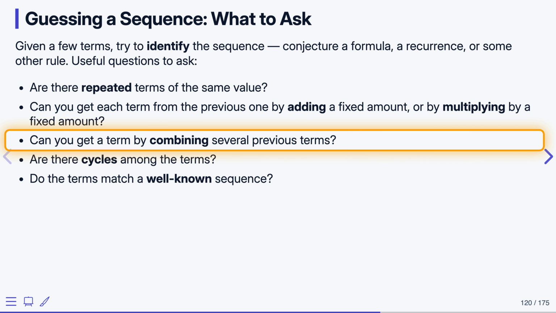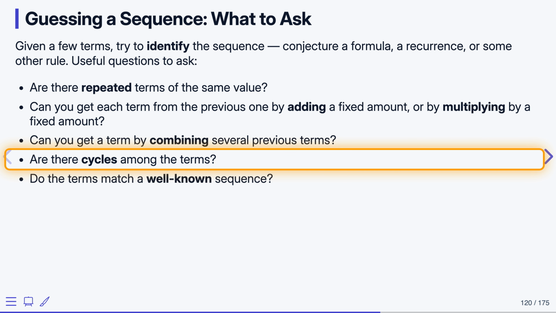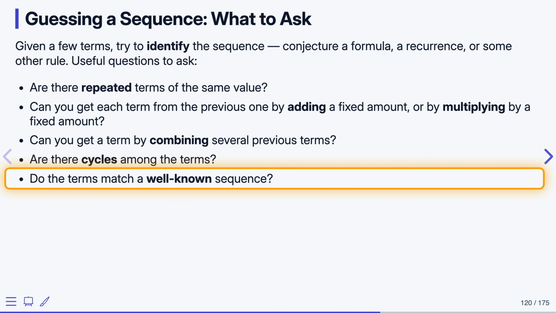Third, is each term built by combining two or more earlier terms, like Fibonacci? Fourth, do the terms cycle, repeating in a fixed pattern? Fifth, do the numbers match a famous sequence you already know, such as the squares or the powers of 2? Run through this list, and a pattern often jumps out.